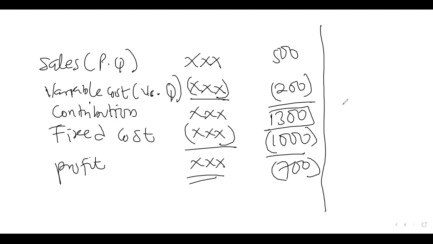Now, it is always good to make per unit analysis in economics. So these things we are doing are total analysis. We need to do per unit analysis. If I divide sales by quantity and divide variable cost by quantity, the sales will turn into price, and the variable cost will turn into variable cost per unit, okay?